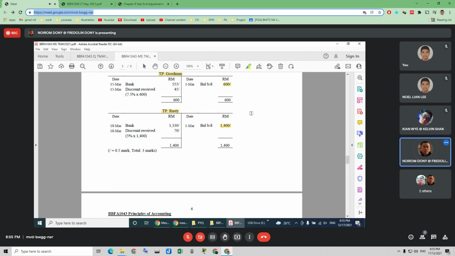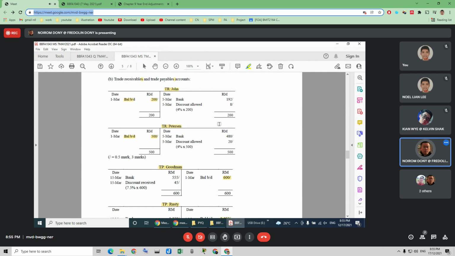Now, next one. The following transactions took place during the month of March. On March 5th, the two customers settled their account by check and received a cash discount of 4%. So this is a reduction of the trade receivable.